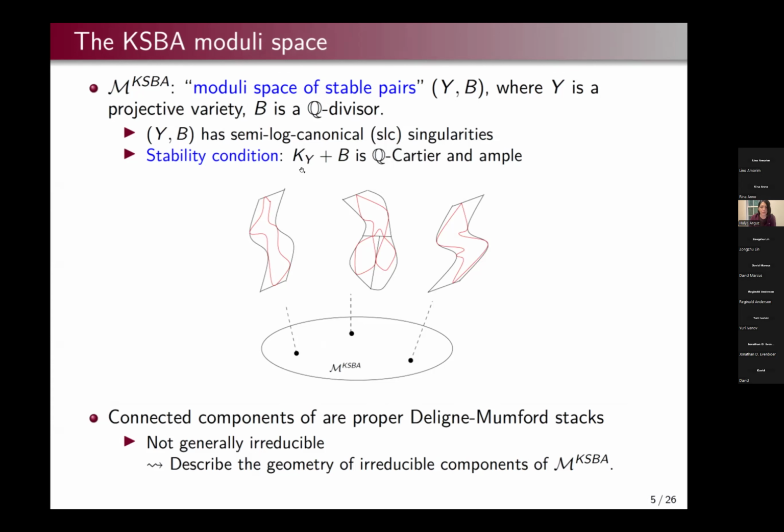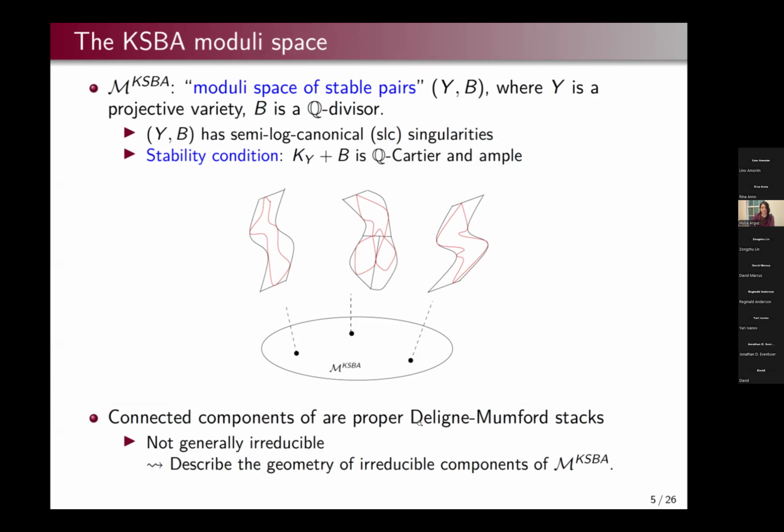And the stability condition is, again, analogous, saying that the divisor given by the sum of the canonical divisor with this divisor B you have on Y should be ample. And one difference, unlike in the previous case, is that it's not true anymore that each connected component is irreducible, though they're still proper Deligne-Mumford stacks.